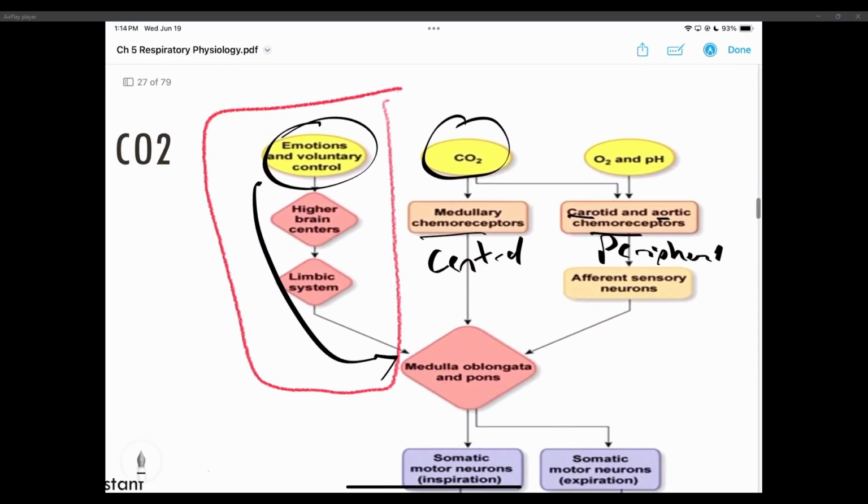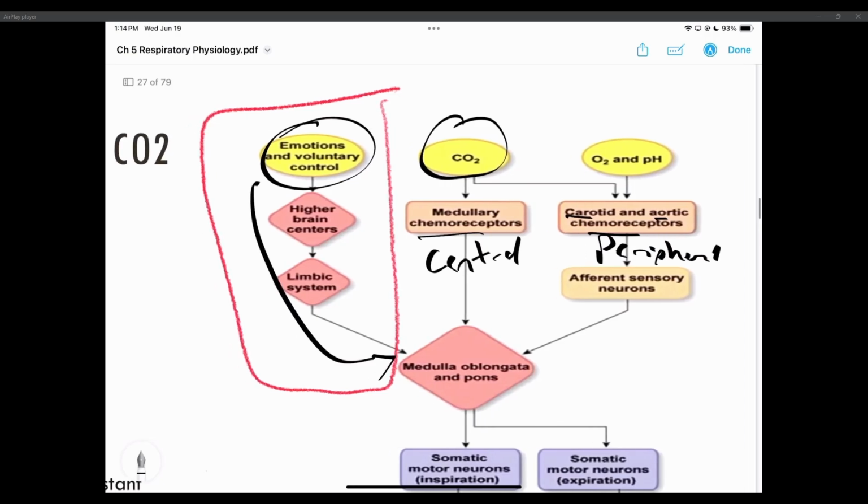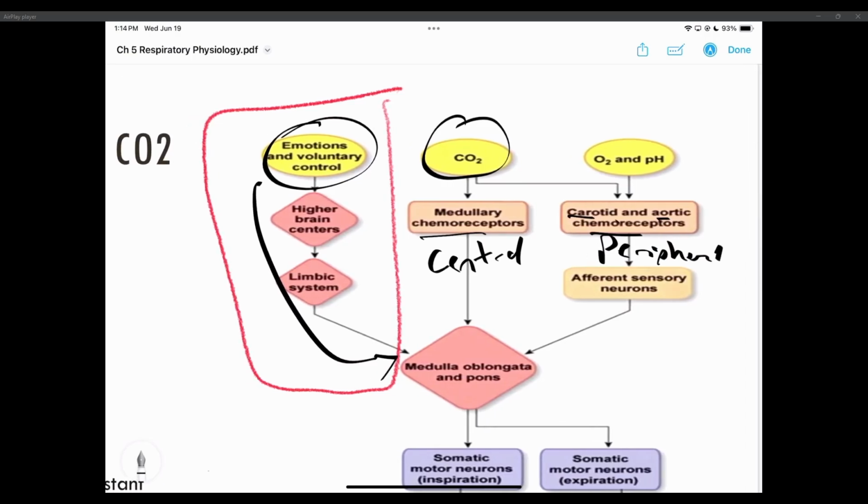Again, CO2 is the main driving force for your breathing, so having a lot of sensors for it makes sense. It helps us out. Then it's going to have whatever effect it needs to have. O2 and pH are just sensed by your carotid and aortic chemoreceptors. So that's where the difference comes in.